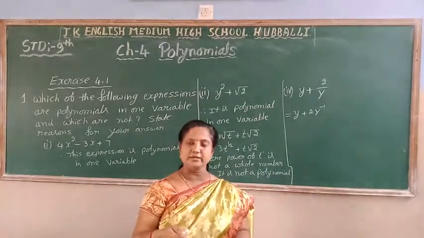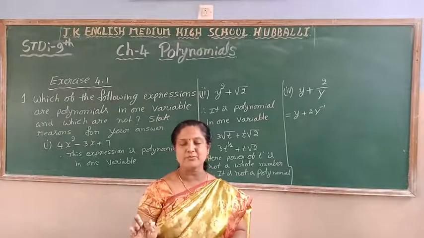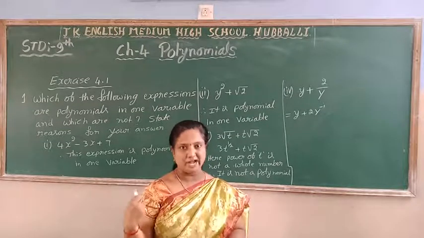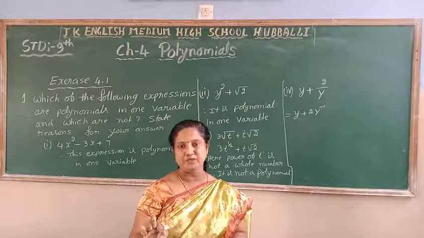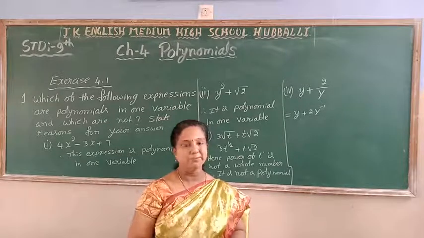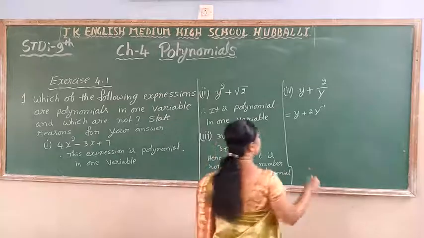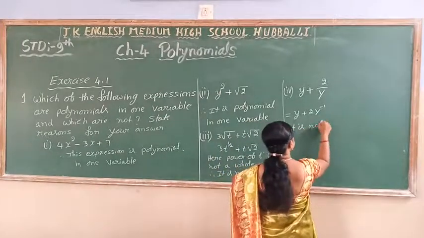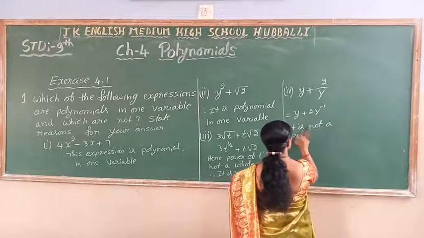Already I explained in the general form of polynomial, to say polynomial, power should not be a fraction, power should not be negative, power should be a whole number. So here it is not a polynomial.